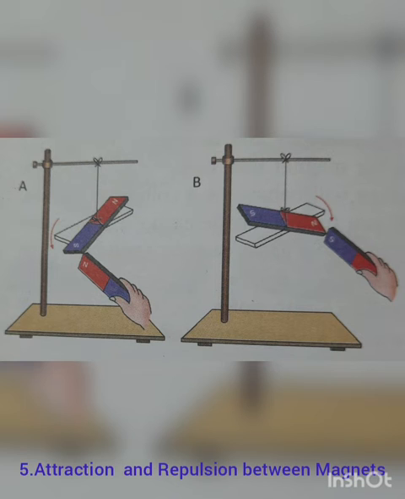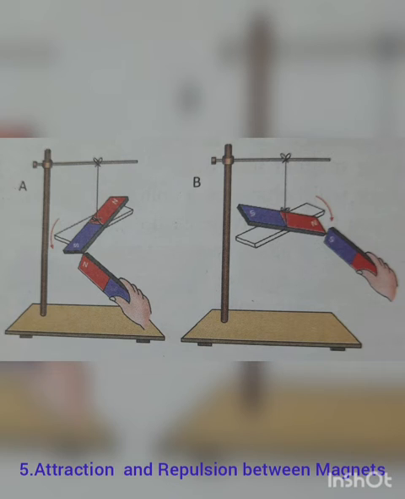Now bring the north pole of another bar magnet near the south pole of the suspended magnet. We can observe that they are attracted. The south pole of the suspended magnet moves towards the north pole of the other magnet. This shows the property of attraction of unlike poles.